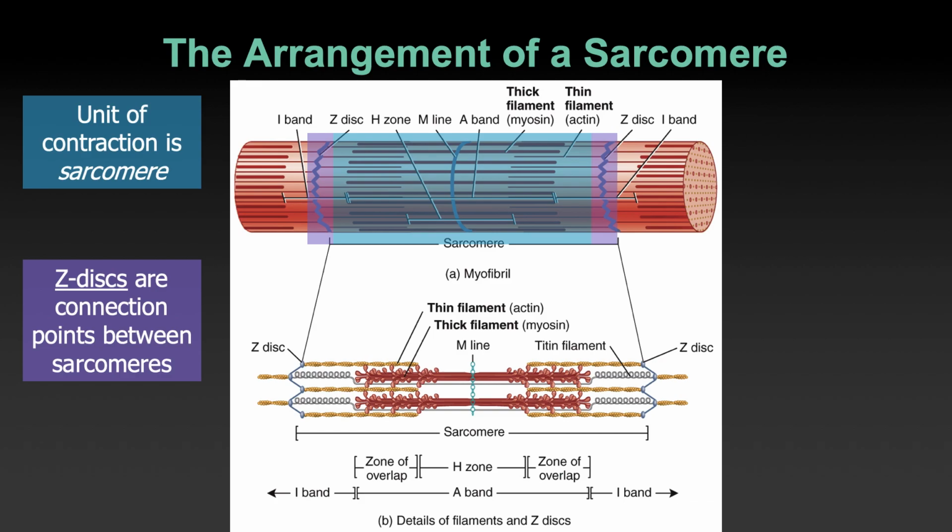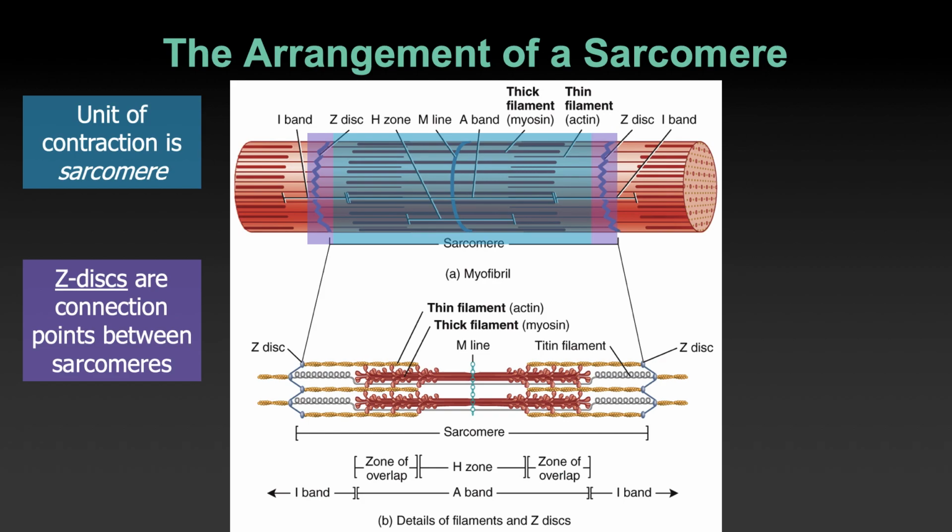And so a muscle fiber is made up of these long myofibrils, many of those cylinders stacked within the cell. Each myofibril is made up of repeating sarcomeres. You can see one of them front and center.